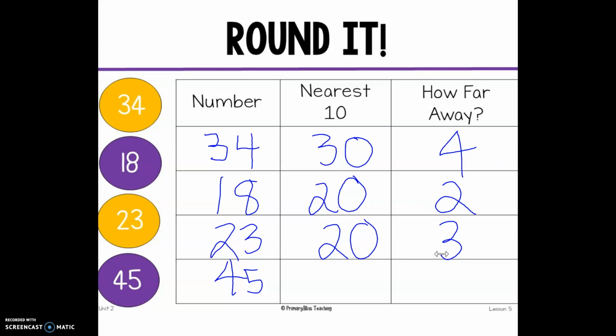Well, 45 is between 40 and 50, and 45 is right smack dab in the middle of 40 and 50. Here's a tip. Anytime a number has a 5 in the ones place, we're always going to round that up to the next 10. So 45 rounded to the nearest 10 is going to be 50, and it is 5 away.